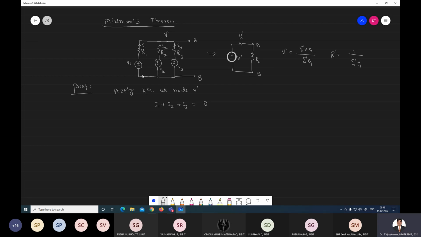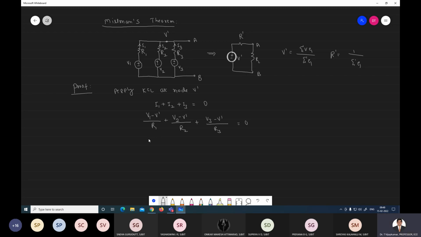Here we take V1 as the higher potential, since the current is moving in this direction, and V dash as the lower potential. Therefore the current I1 is (V1 minus V dash) divided by R1, plus I2, (V2 minus V dash) divided by R2, plus (V3 minus V dash) divided by R3, equal to 0.